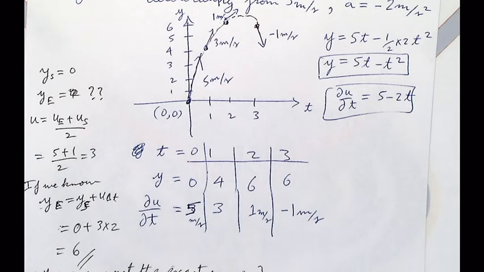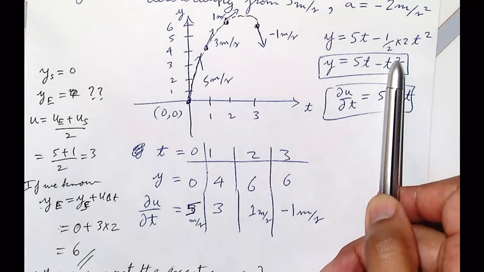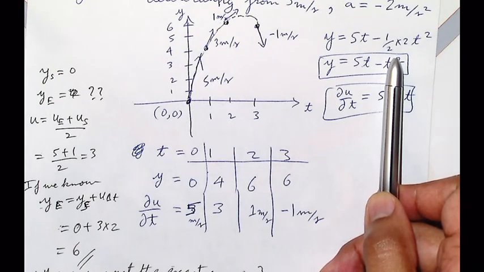So if we integrate this and get the average using this equation, we will get the same average. If you integrate position, you get what? No, I mean the derivative of this.